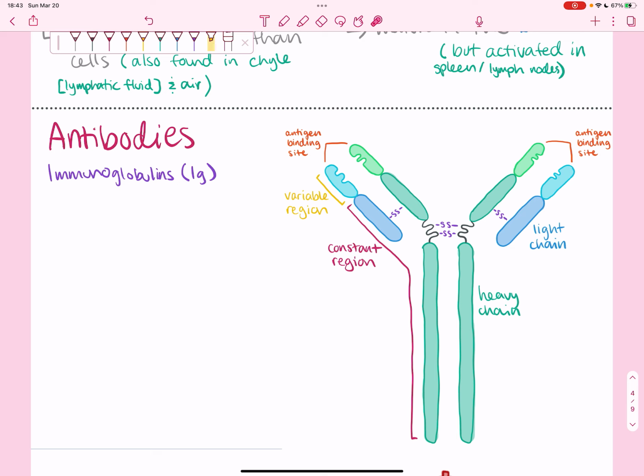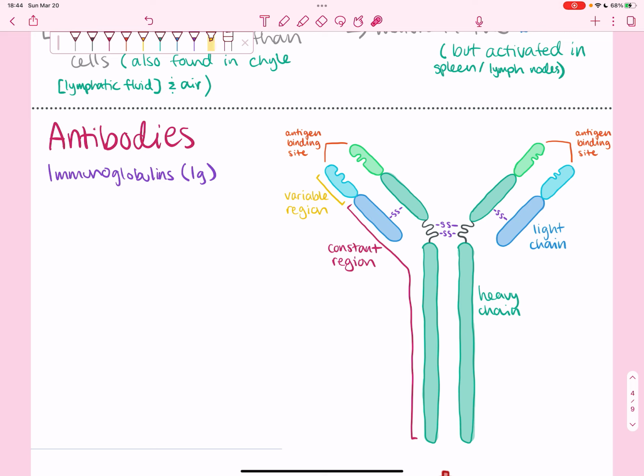All right, so they consist of 2 heavy chains, in these green colors here are heavy chains, and 2 light chains here in the blue. They have a constant region, which is this part of the Y, which binds to natural killer cells, monocytes, macrophages, and eosinophils.